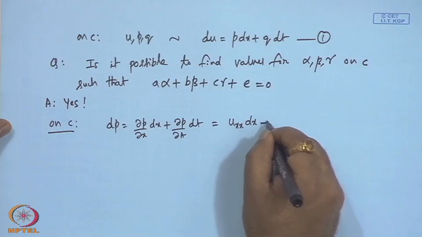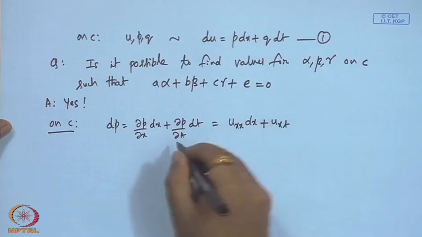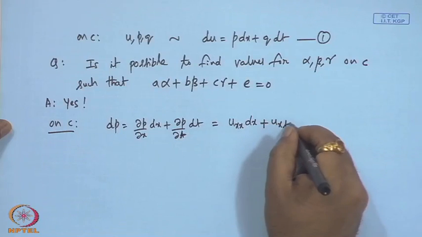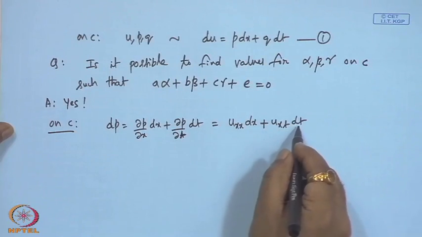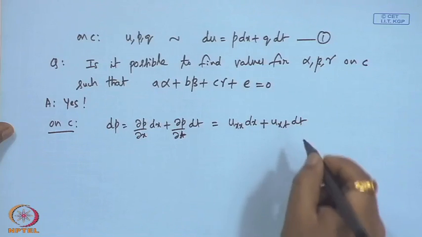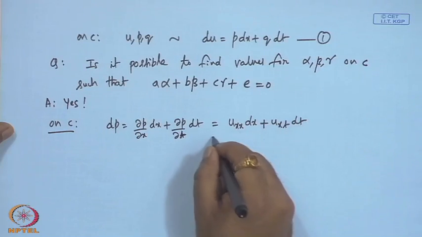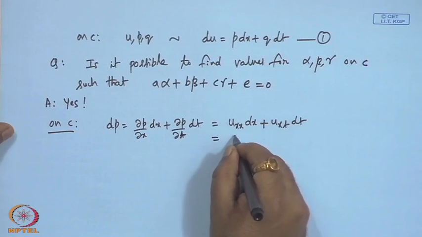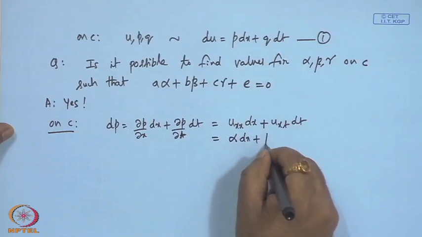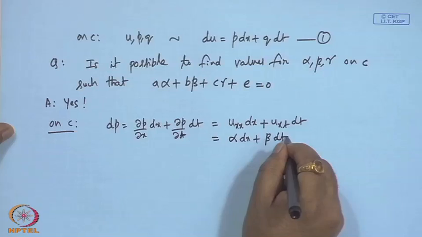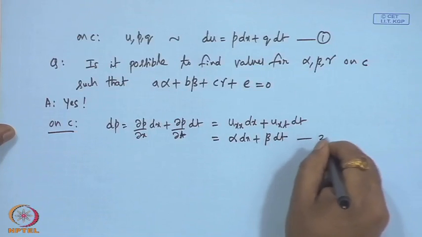Then this is u x t, because p is u x and p t is u x t dt, and this is alpha dx plus beta dt, call it 2.